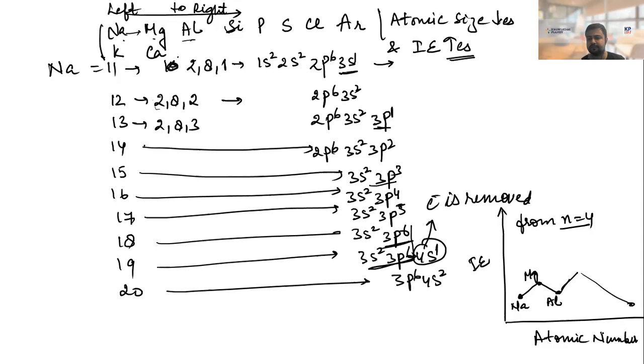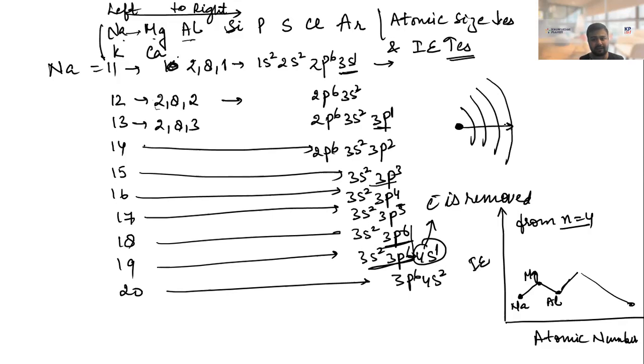Clear? No? Why is it decreasing? Okay, I will explain quickly. 1, 2, 3. The third electron is removed. Now the fourth shell. The fourth shell means size is increased. Atomic size increases, so ionization energy decreases.